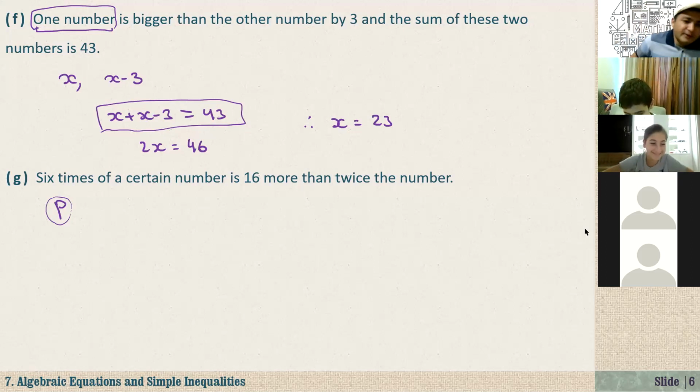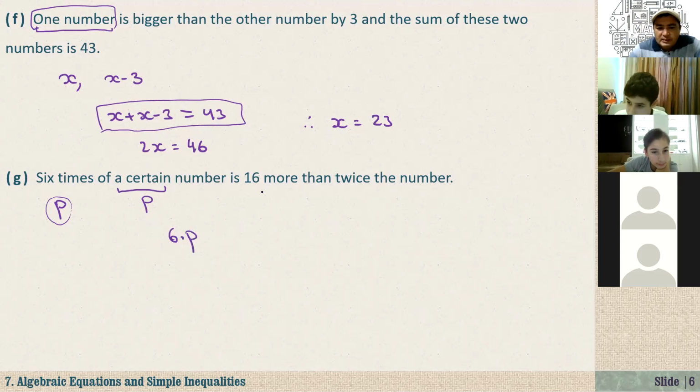Good. Okay, Zubaydah, why are you quiet? I don't know how to solve this. Okay. So 6 times a certain number. Let's say the certain number is P. So 6 times the certain number, that is 6 times P, is 16 more than twice the number. Twice the number is 2 times P, and by how much?